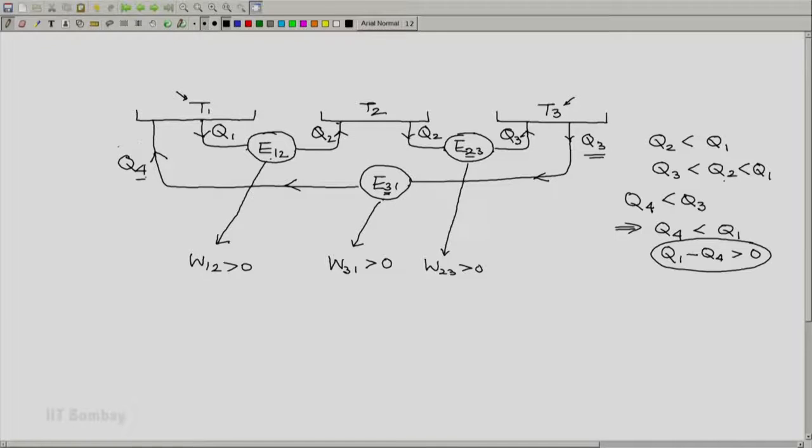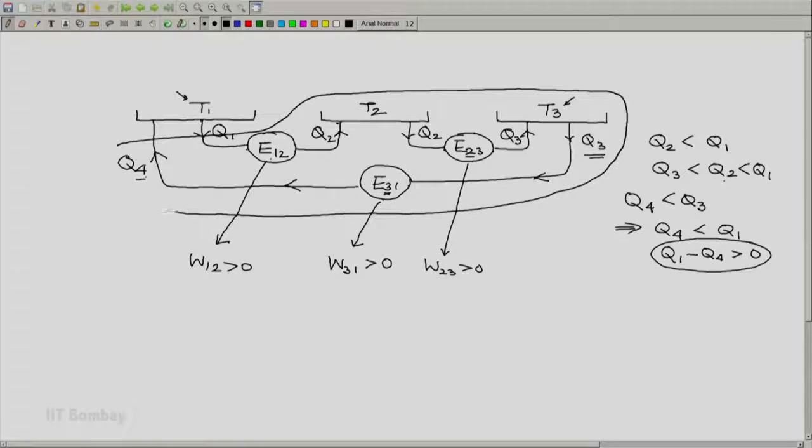Now let us consider this system. T1 is out of it, but the reservoirs at T2, T3 and all the three engines are included in it. Now look at this. This is an engine because the work output is W12 plus W31 plus W23. Each of the components is greater than 0, so this is greater than 0.